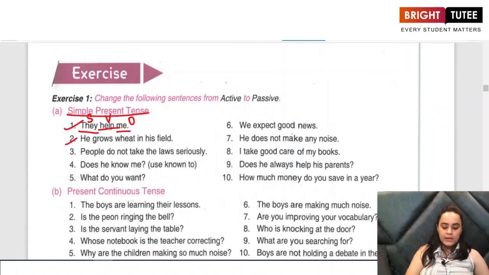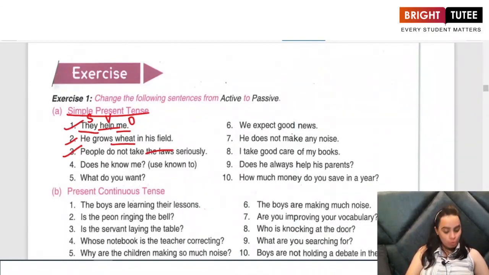He grows wheat in his field. So, wheat is grown by him in his field. People do not take the laws seriously. The laws are not taken seriously by people. Does he know me?